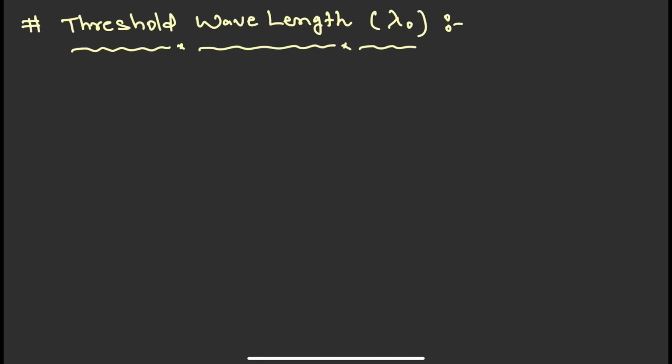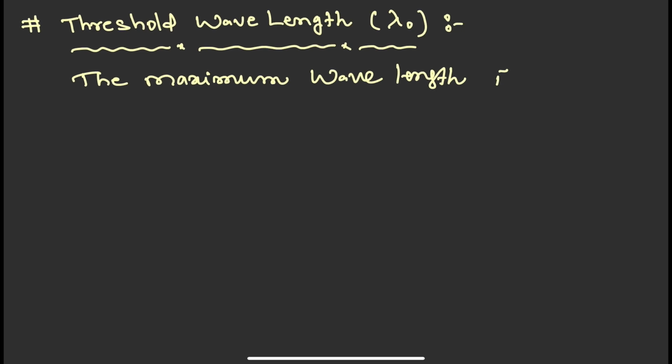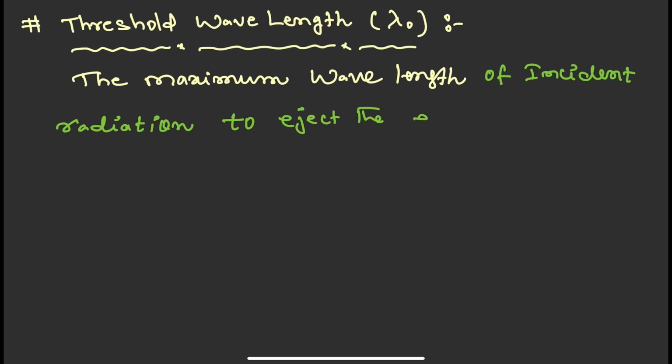The threshold wavelength is related to the minimum frequency; here it is the maximum wavelength of incident radiation required to eject the electrons.